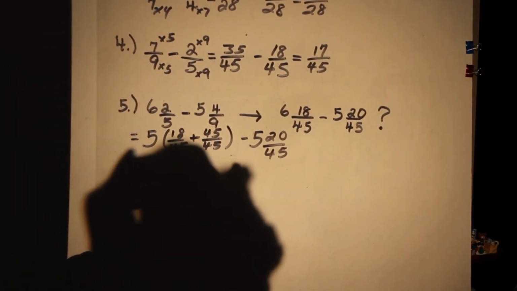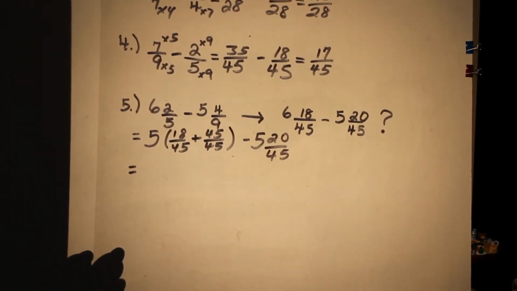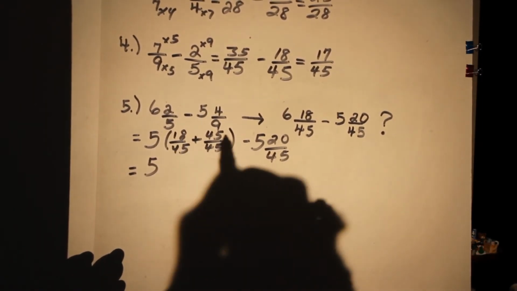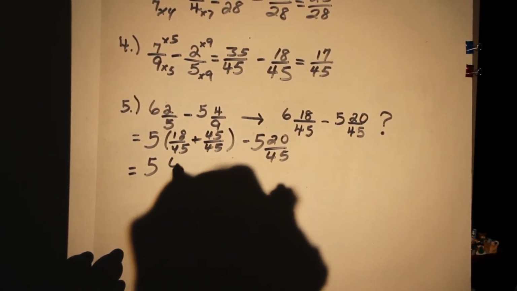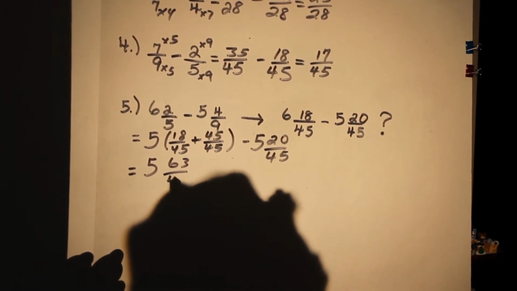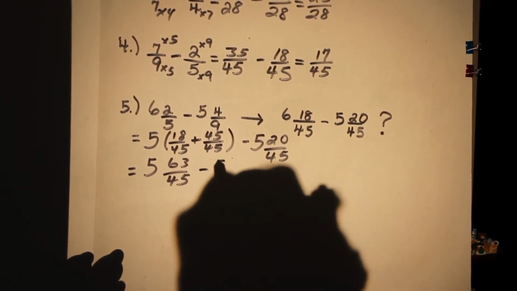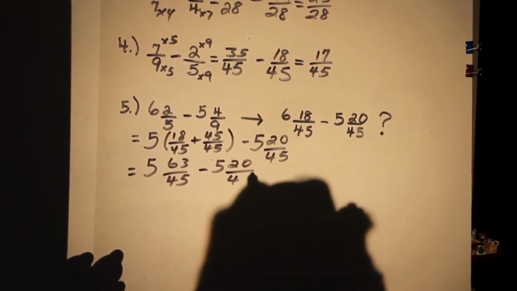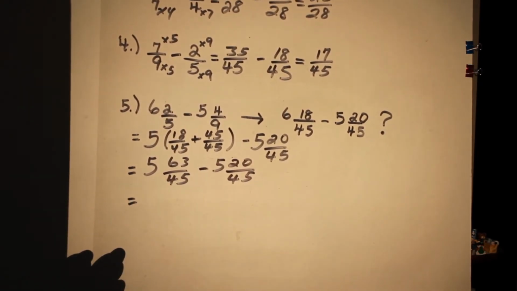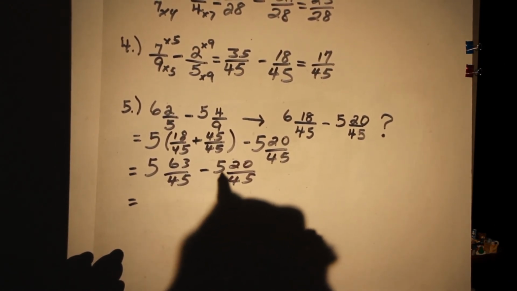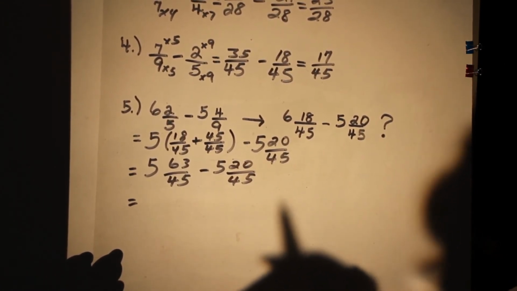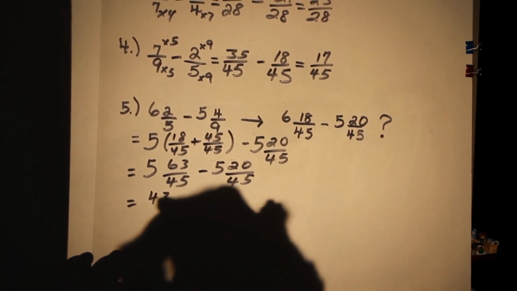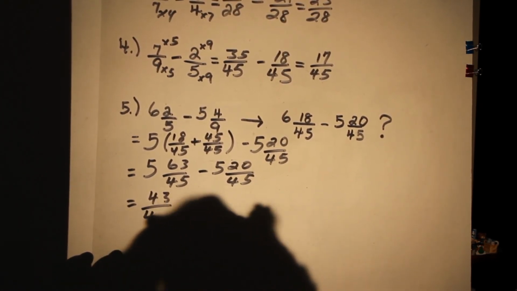I'm going to go down lower again. Excuse me. We have 5 and 18 plus 45 is 63 45ths. Subtract 5 and 20 45ths, which equals 5 take away 5 is nothing, so I don't have to worry about that. 63 take away 20 is 43 over 45.